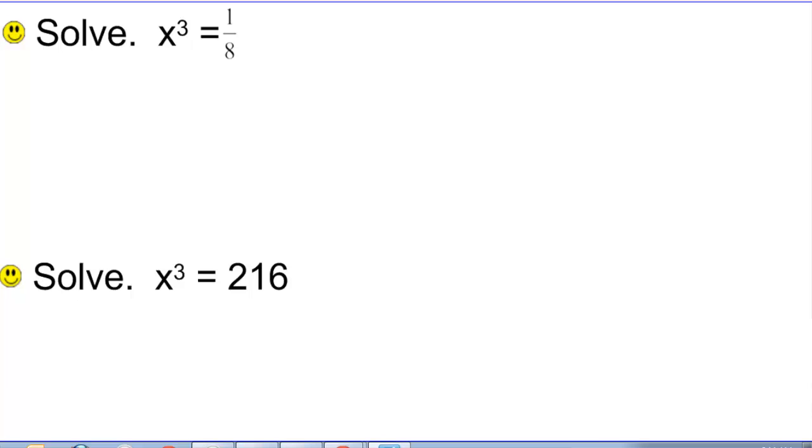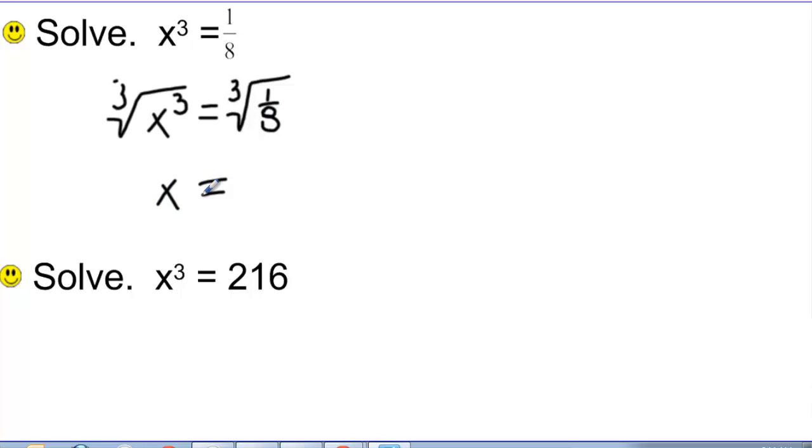Here are 2 equations that have a variable raised to the third power. And when I want to undo taking something to the third power, I take the cube root of it. So in order to solve this first equation, x cubed equals 1/8, I'm going to take the cube root of both sides of my equation. So I'm just going to rewrite this, showing that I am taking the cube root of both sides. And so the cube root of x cubed is just going to be x.